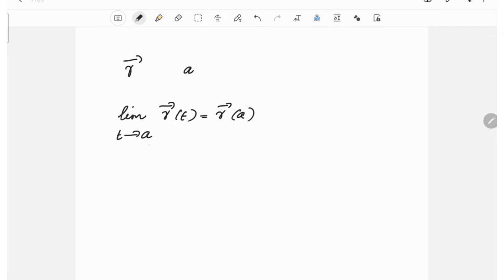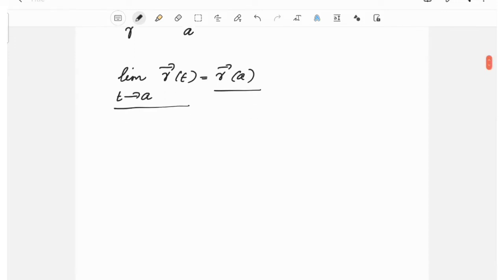So, this is the expected value of the function at t equal to a, and this is the actual value of the function at t equal to a. And if these two are the same, we say that the function is continuous at the point a. A vector function r is said to be continuous on an interval I if it is continuous at every number in I.